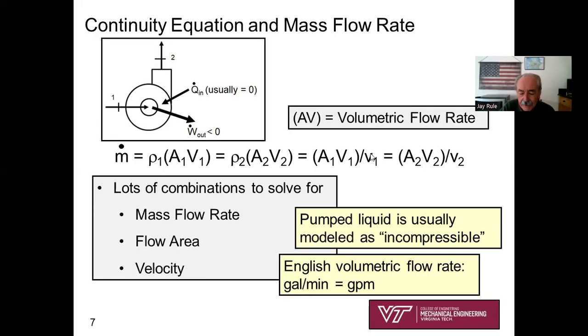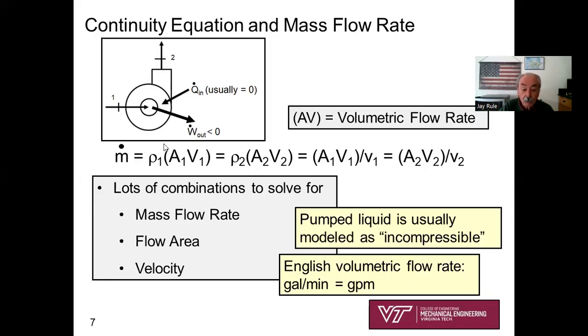And so remember that when we need to find the specific volume of an incompressible liquid, we need to know the temperature of the liquid, and then we simply go to the saturated table's temperature table and look up v sub f, the saturated liquid specific volume at the temperature of the liquid. And so that gives us v1.